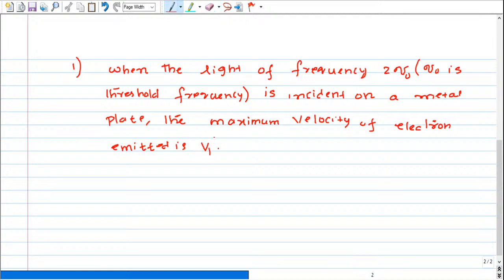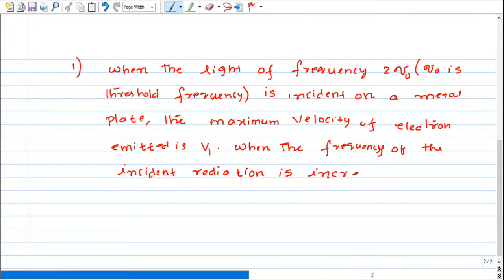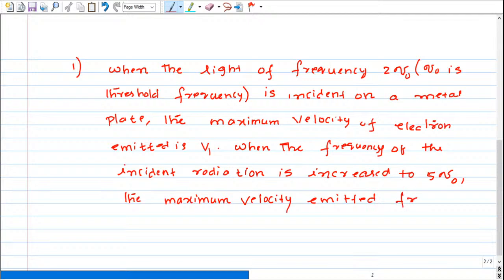So it is V1. When the frequency of the incident radiation is increased to 5 nu naught, the maximum velocity of electron emitted from the same plate is V2.